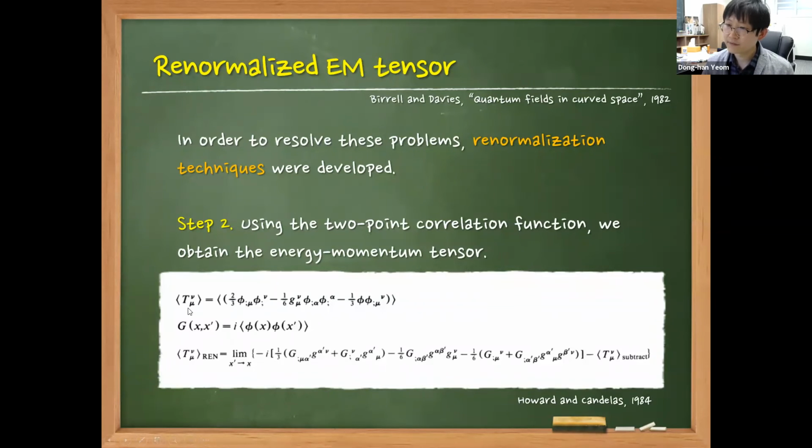So the energy momentum tensor can have this kind of form, but this term can be obtained by differentiating this function g, which is differentiated in complicated ways. Then what is g? g is the two-point correlation function with two different points. So you obtain some very complicated differentials of the two-point correlation function and consider the limit of x prime going to x. And then by subtracting the divergent terms, you will obtain the finite renormalized energy momentum tensor.